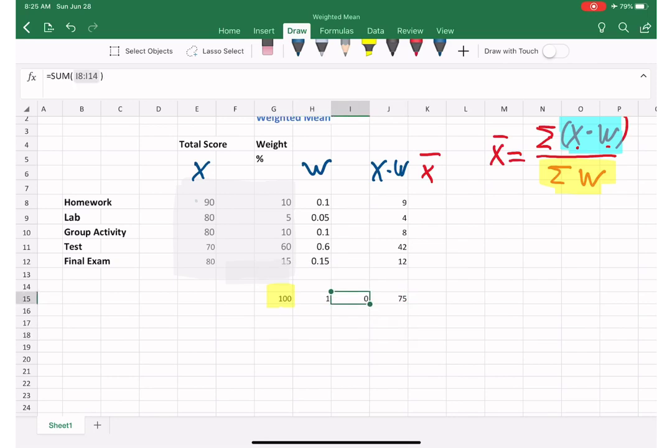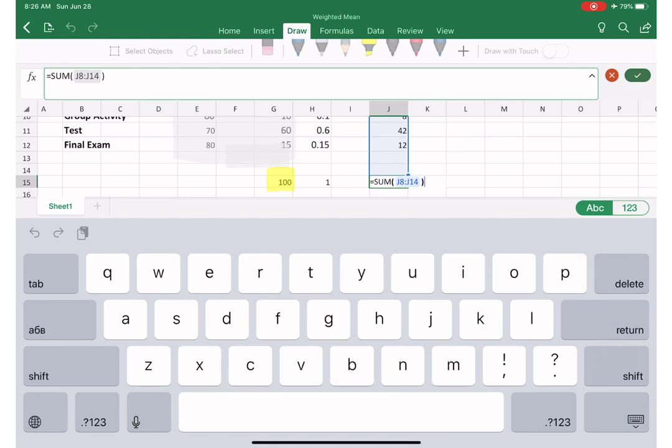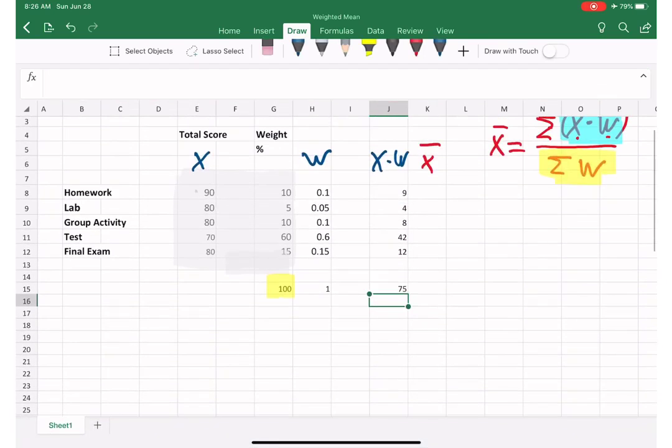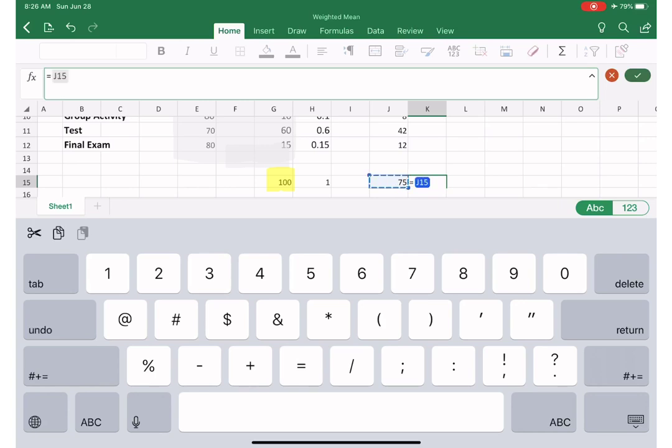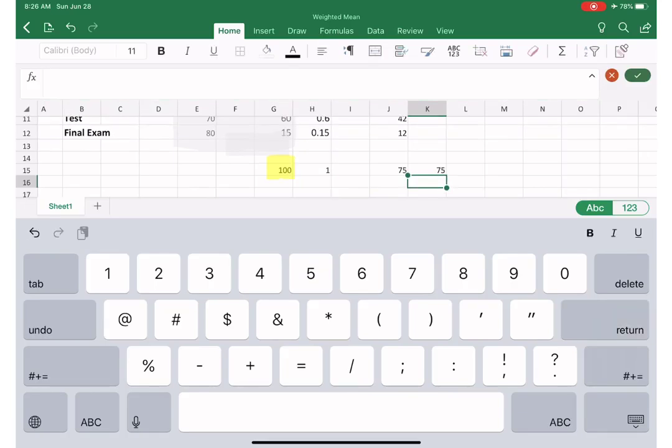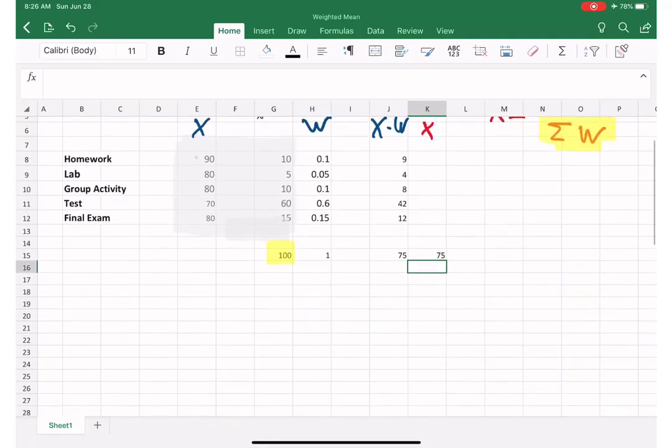There we go. We got 75, the sum of weight. Let me double check. Yep, 75. And finally, X bar is going to be equal sign. So we need to take sum of X times W and divide by 1. You got 75 score. Sorry, there is no B for the student.